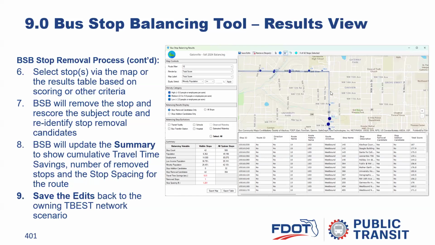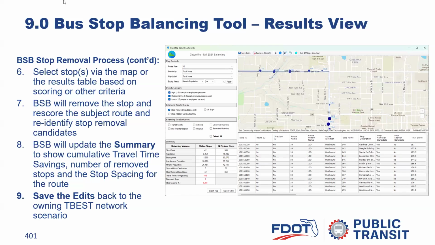And when you remove the stop in the middle, basically the two other stops, their spacings change because you removed a stop, so they're no longer candidates. So by removing one stop, you actually remove three candidates for removal, if that makes sense to you. So you're basically saying, well, okay, by removing one stop, I've gotten rid of three candidates. I'm well on my way to doing this.